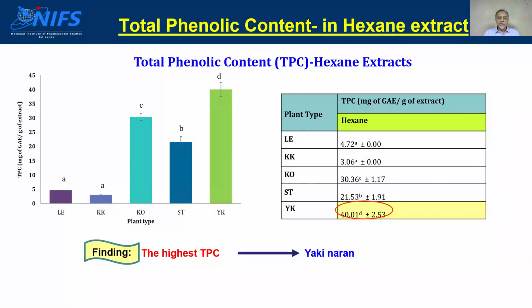Out of the 3 different extracts, we found the highest TPC content in Yakinaran. We have 3 extracts: hexane extract, ethyl acetate extract, and methanol extract. Among the hexane extracts, Yakinaran was found to show the highest TPC content.